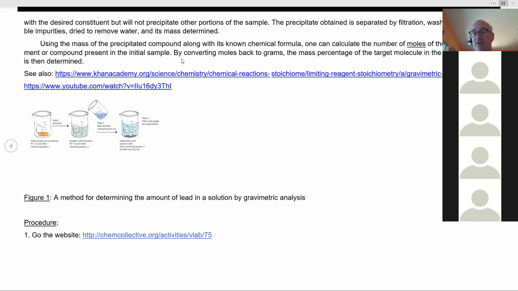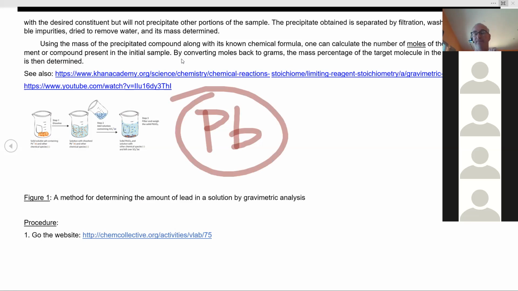But this is just taken directly from the instructions you have. So this is an assay for lead. Lead is pretty toxic too. You've probably all heard of Flint, Michigan, near Detroit, where the water system was changed, and then lead started leaching into the drinking water.